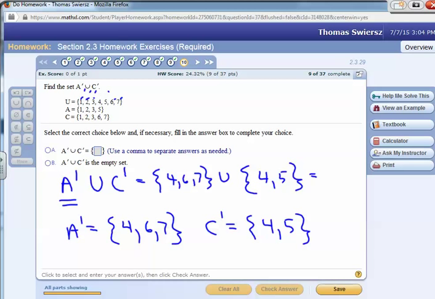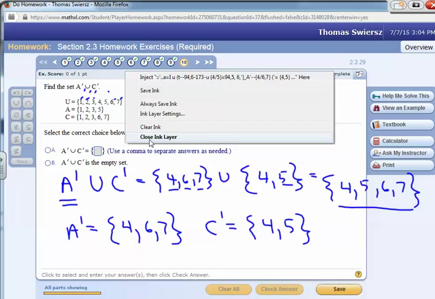Union is in one or the other, so we got a 4, we got a 5, and we've got 6 and 7. So the answer is 4, 5, 6, and 7. So our final answer is, after we take the complements and union them, we get 4, 5, 6, and 7 in our set. Let's go ahead and put that in to verify we're indeed correct.